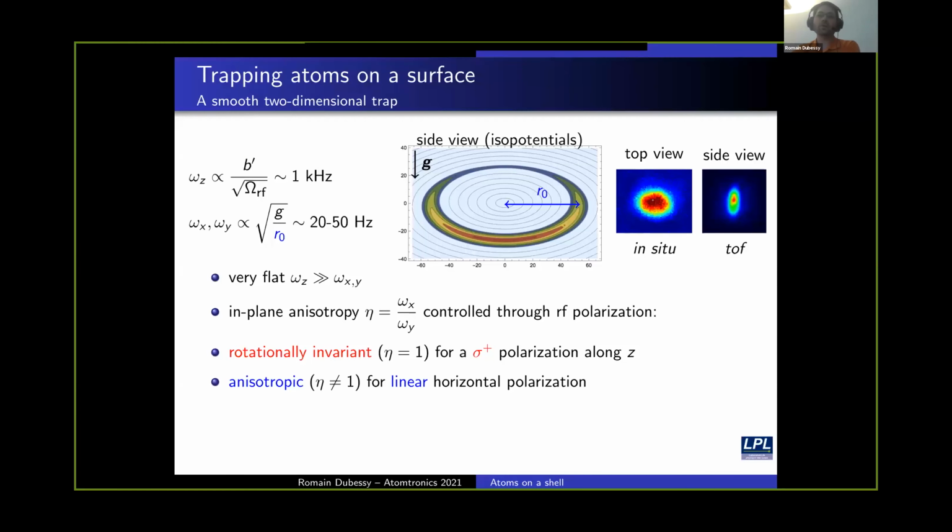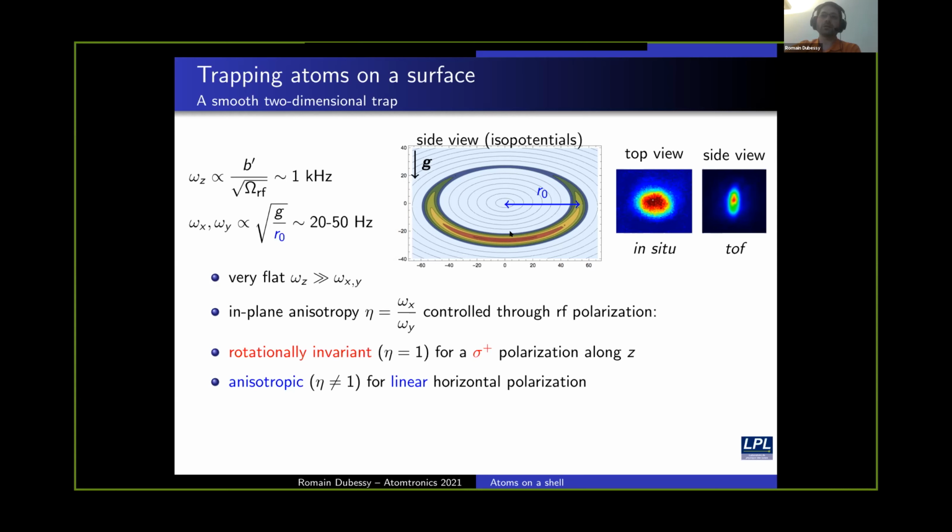Okay, so now if I show you a picture of the full surface, if you look at the cut through the trap, you get the isopotentials and you get the resonance surface you can guess here. And because we are on Earth, there is gravity coming into play, and gravity acts on the atoms by pulling them to the bottom of the surface.